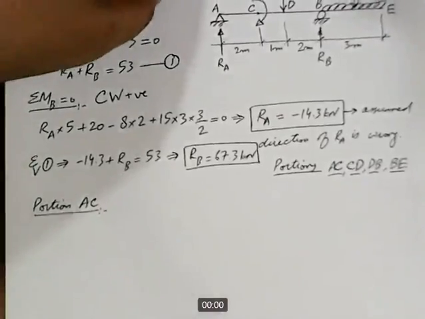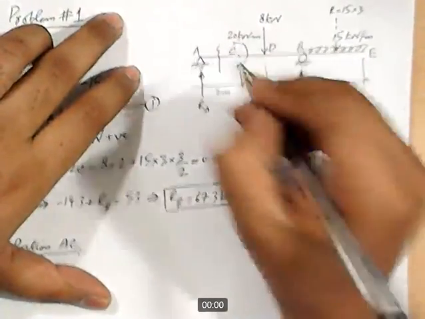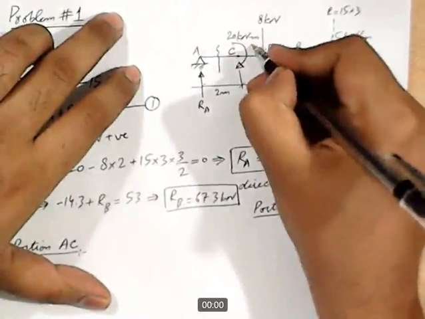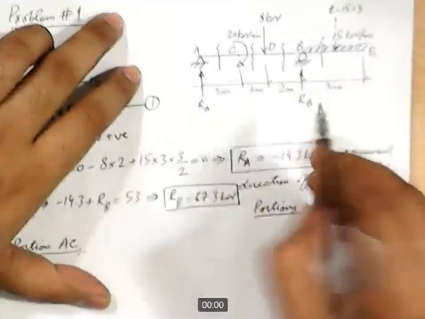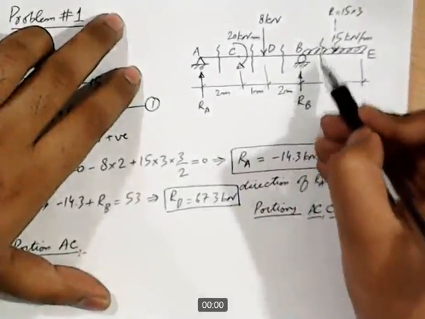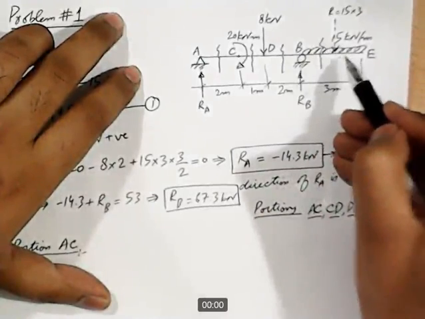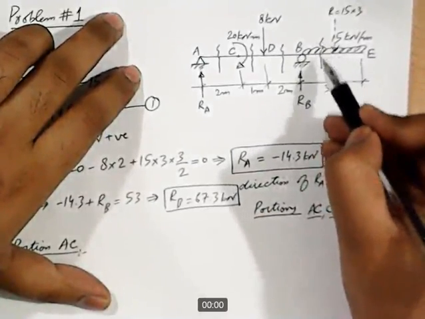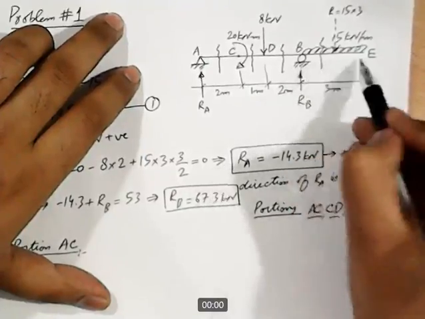Now if I mark the sections on the main beam, one section will be considered here, one in CD part, one in DB part, and the fourth one will be considered here. Now whether I mark the section here or on the other side of the resultant, it does not matter. This section, when we write down the equation for this, that equation will be valid for the entire portion BE.